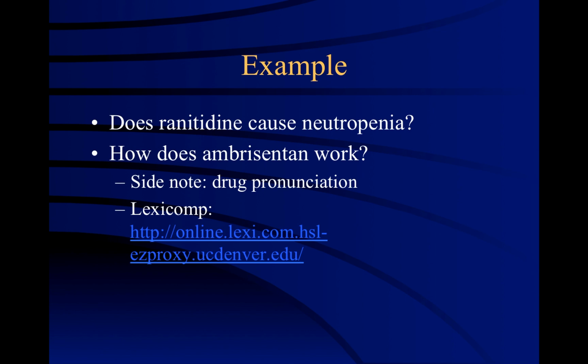Another example is, how does ambrisentan work? So if you receive this question from a physician, I don't think the physician would use these words. A physician most likely would not ask you how ambrisentan works, but the mechanism of action of ambrisentan.